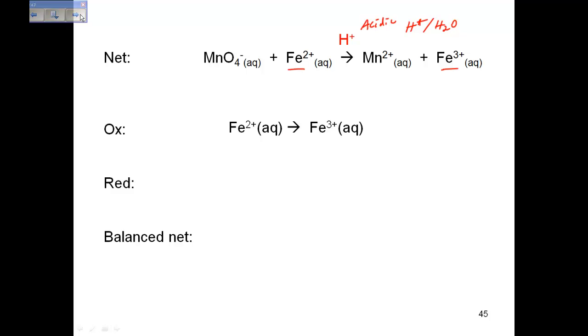Let's look at the manganese and see if we can determine what's going on there. We can look at it one of 2 ways. First way, let's look at its charge. What's the charge on that manganese in permanganate? Well, you have 4 oxygens at a -2. That's a -8. Manganese minus that 8 has to equal that -1 charge on the whole polyatomic ion.